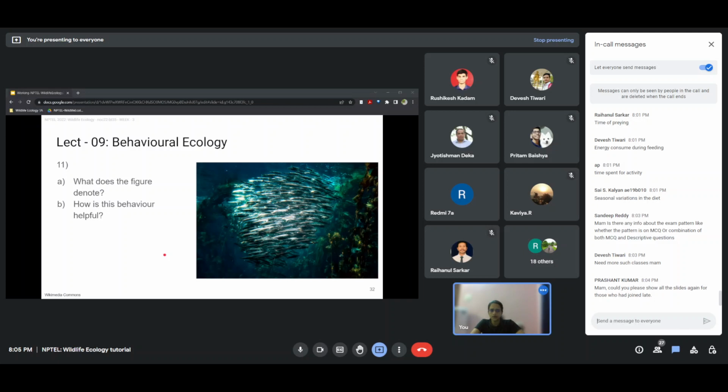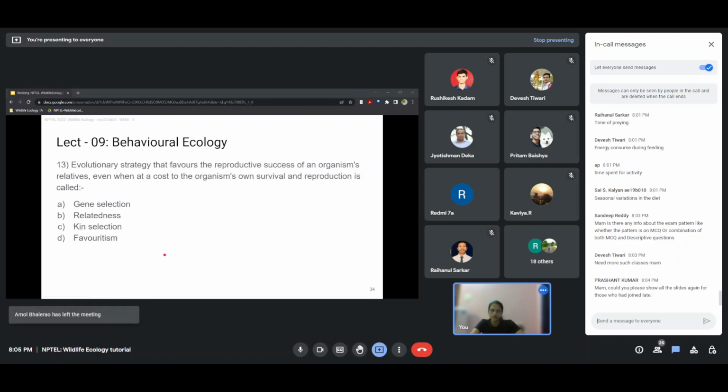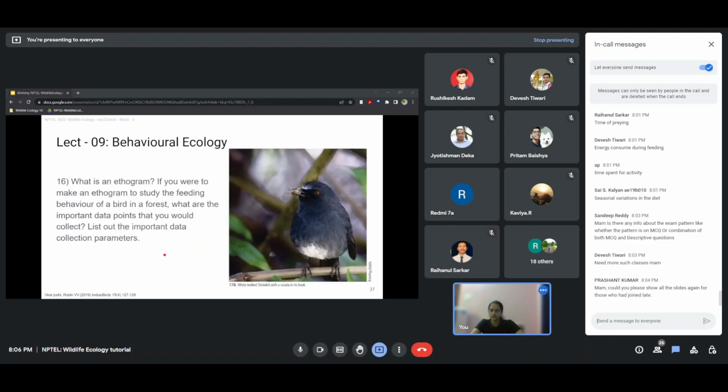Again, grouping or schooling, shoaling behavior of fishes. Again, a social structure of doors. Then you have a couple of slides on altruism, Hamilton's rule, and kin selection. And yes, finally, an ethogram.